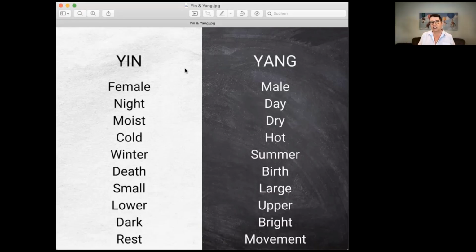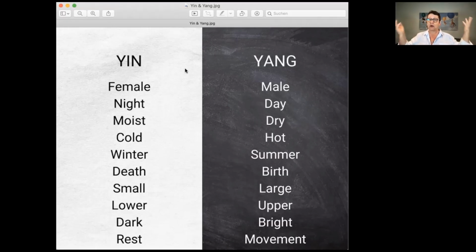So night is considered yin, the dark. Day is considered yang, sun is yang, moon is yin. Dry and hot is yang, the summer is yang. The birth is yang quality and death is the yin quality. And you will understand that even more when we go into the five elements, which will come soon.